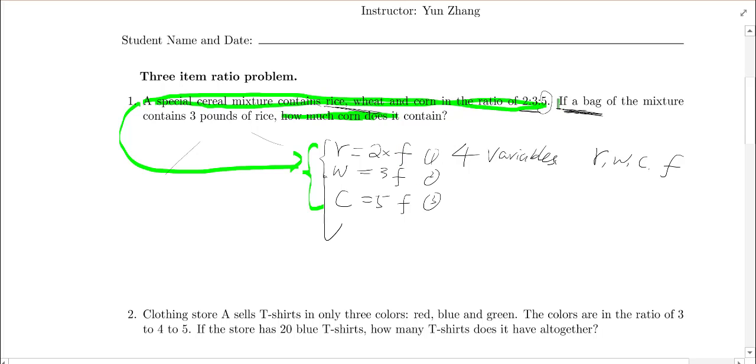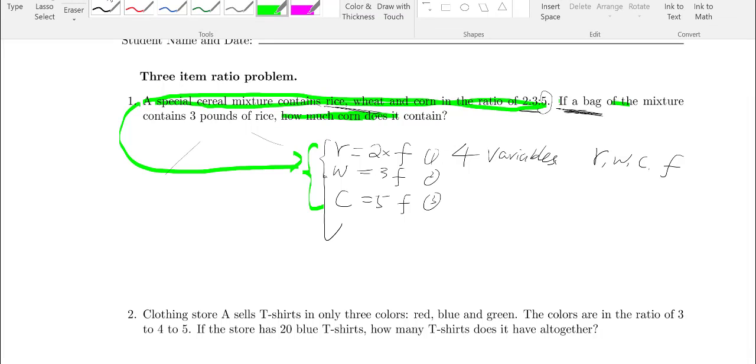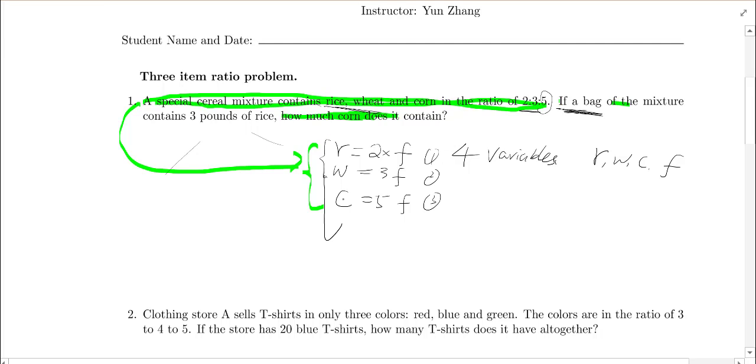Obviously, it is the sentence: if the bag of the mixture contains 3 pounds of rice. This sentence has an equation, and the equation is very simple: R equals 3 pounds. You don't write the units, but it's fine because we are not doing physics right now. We're thinking just mathematical equations.